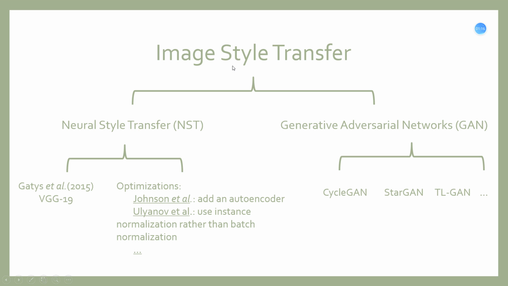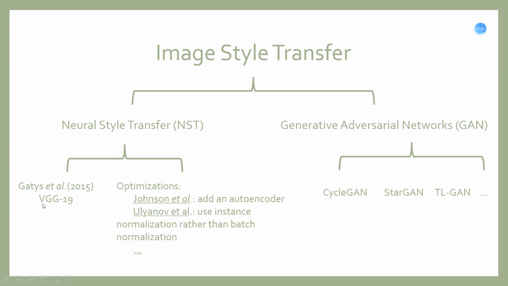In this project, we will mainly focus on two branches: Neural Style Transfer (NST) and image style transfer based on generative adversarial networks, which is also called GAN. In NST, the first work was proposed by Gatys et al. in 2015.